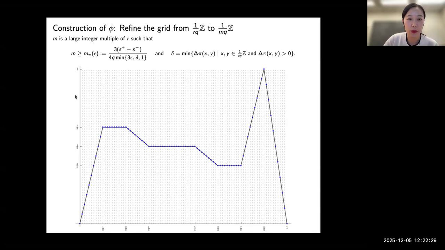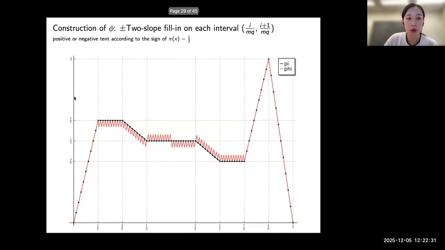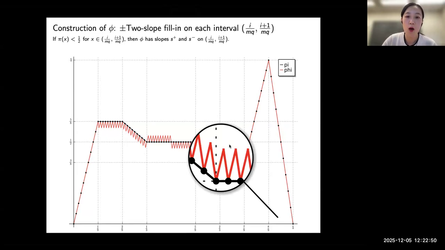Then on the grid of 1/RQ, we are going to use a similar process, adding or subtracting a positive tent of very small length to the given function pi to make it two-slope continuous, and we are going to show that whether adding or subtracting a tent depends on the current function value compared to 1/2.